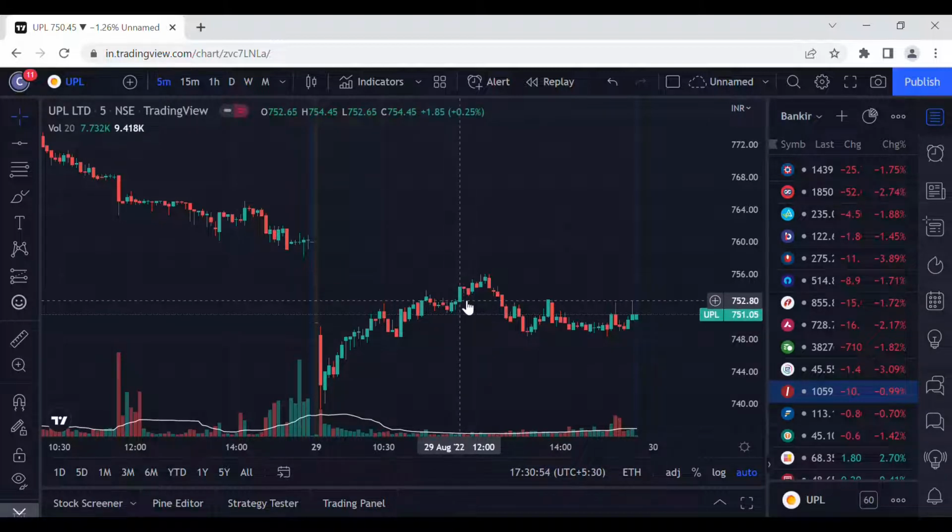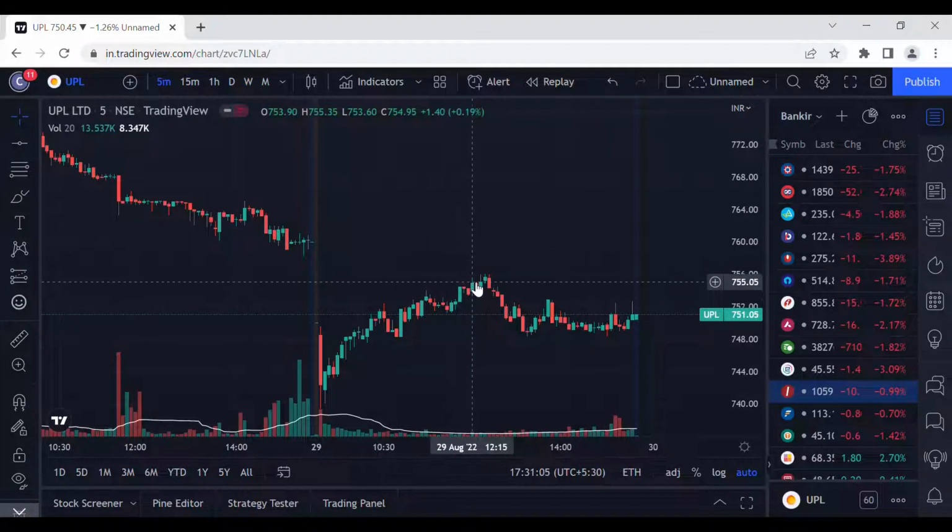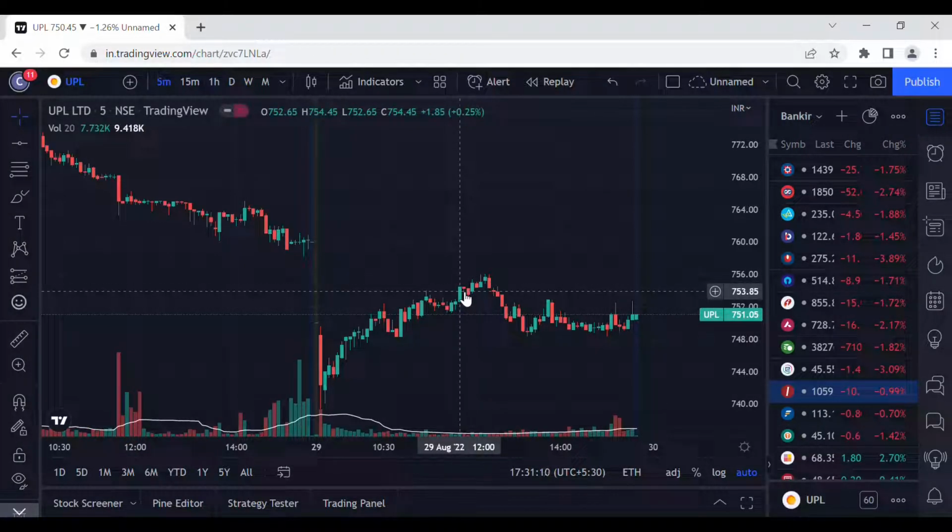It has touched 753, and my stop loss was at 754.50.